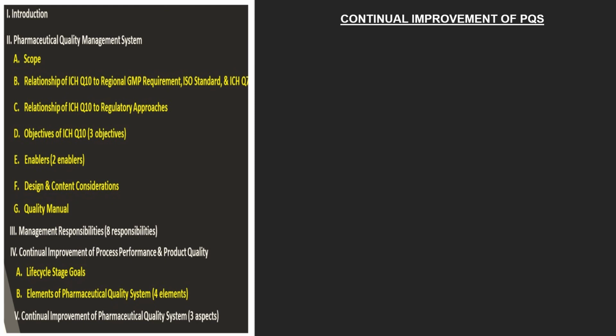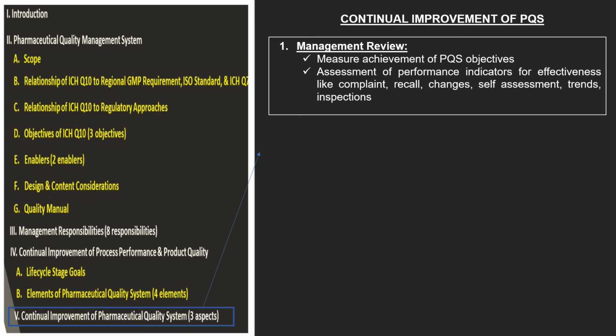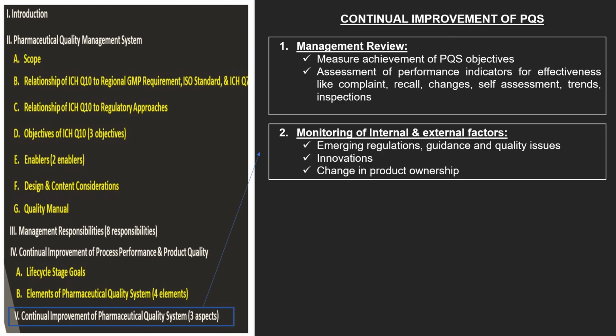If we move to the next part, the final part, that is continual improvement of the pharmaceutical quality system, it basically defines three important aspects which are again very common. That is management review, which measures the achievement of the pharmaceutical quality system objective, assessment of the performance indicators like complaint, recall, changes, self-assessment, trends and inspections.